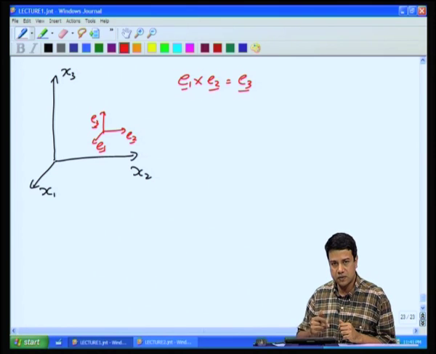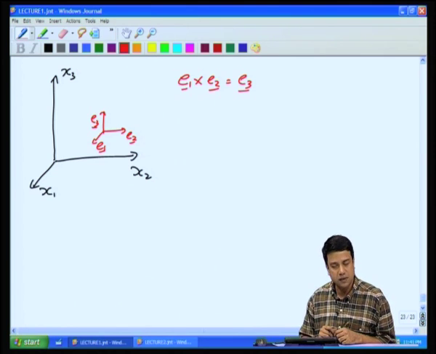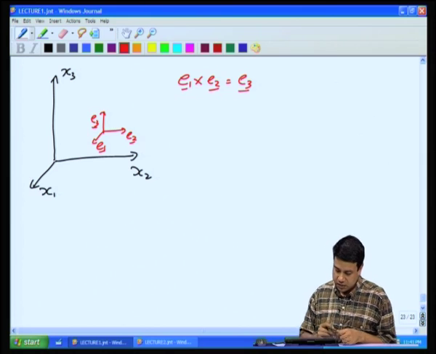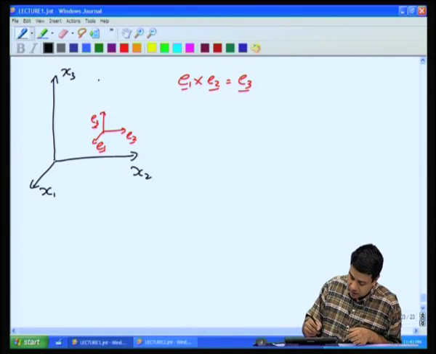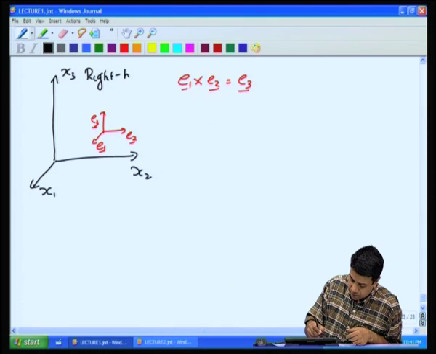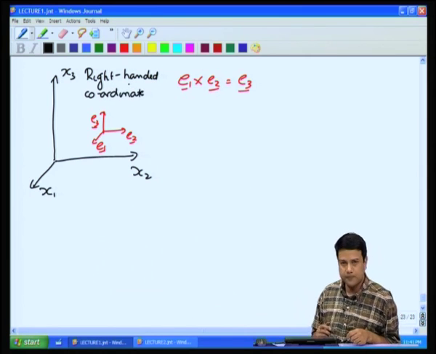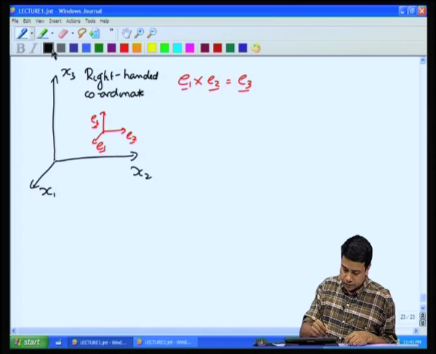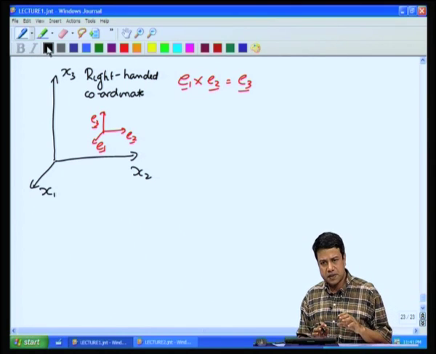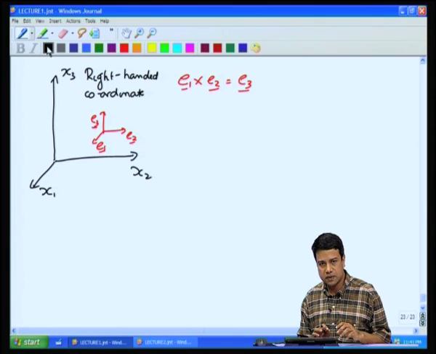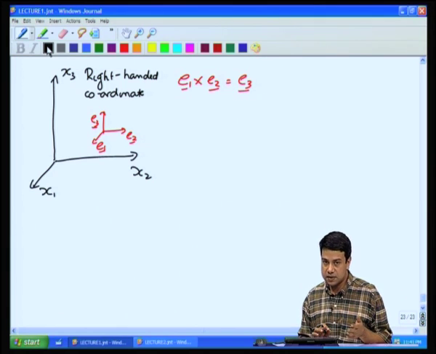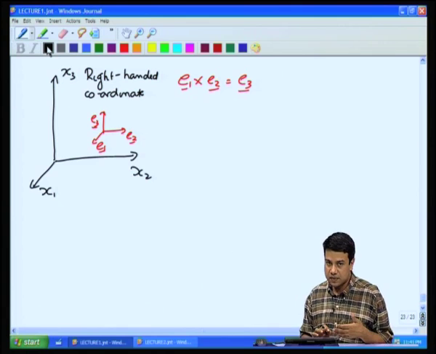As per the right hand rule, it has to be in the plus E3 direction. So this is for a right handed coordinate system. But there is no reason why we should use only a right handed coordinate system. One could as well do the analysis in a coordinate system that is left handed.